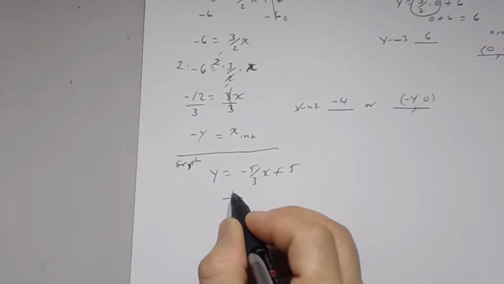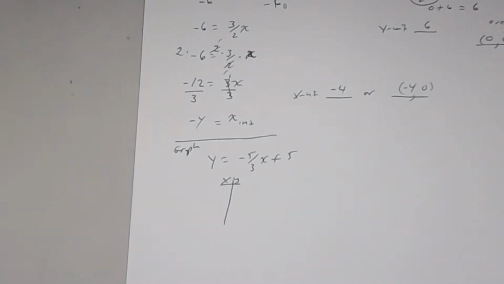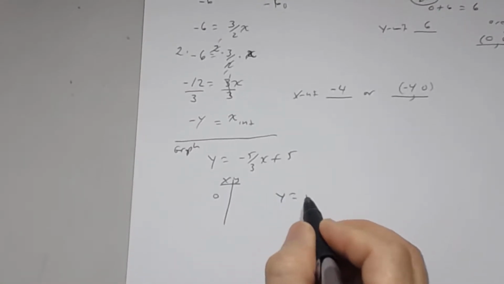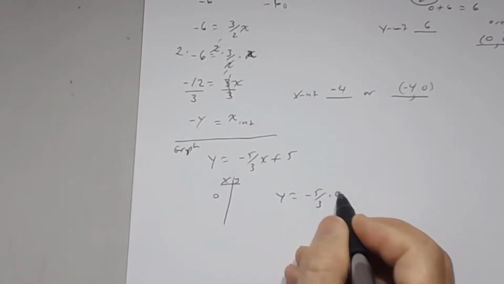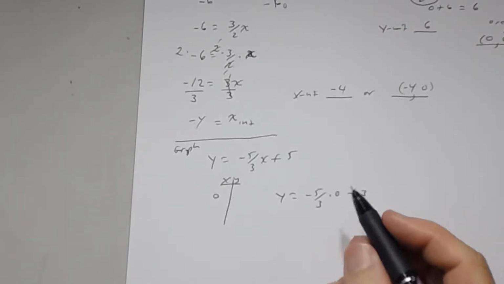So when graphing using a t-table, what number do you think you would always want to use for x? 0. So if x is 0, I get y equals negative 5/3 times 0 plus 5. And in fact, when you let x be 0, what intercept are you finding? The y-intercept.